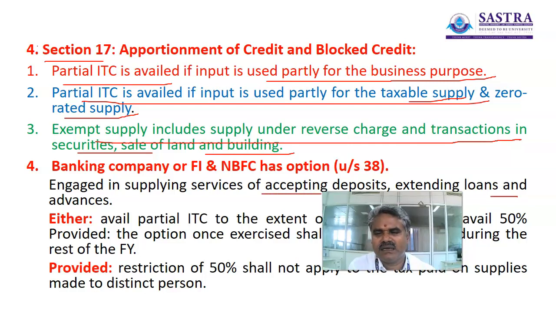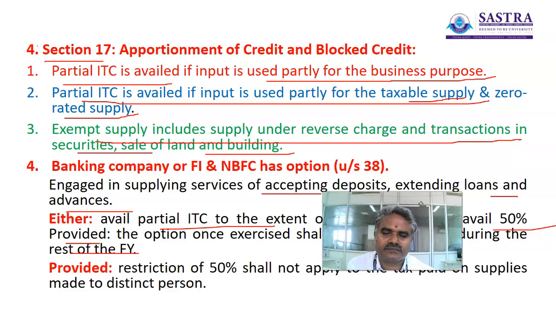When they are engaged in this type of activity, they are eligible. How? Avail partial ITC to the extent of taxable supply or avail 50%. The option once exercised shall not be withdrawn during the rest of the period.